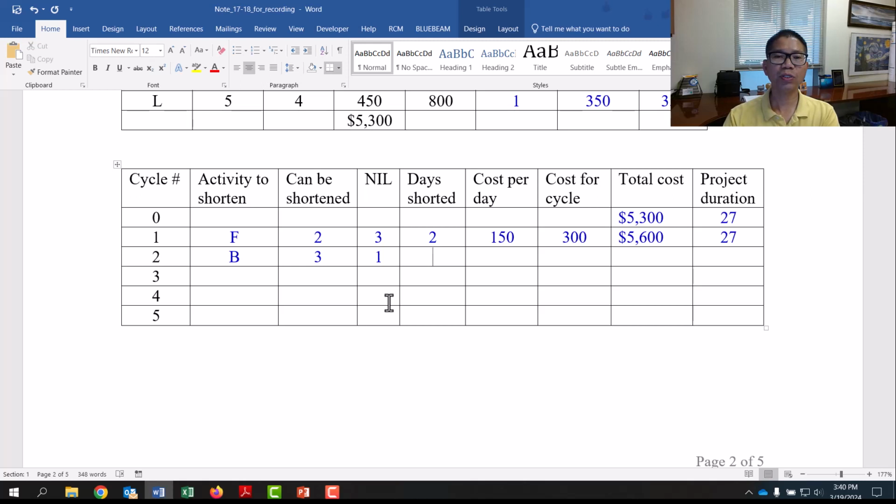The days shortened is the minimum between the can-be-shortened days and the network interaction limit, 3 and 1, so the minimum is 1. Cost per day for activity B is 200. Cost per cycle, of course, for only 1 day, is still 200. From that you have a total cost of 5,800 and only 1 day, so 25 days will be reduced to 24 days.